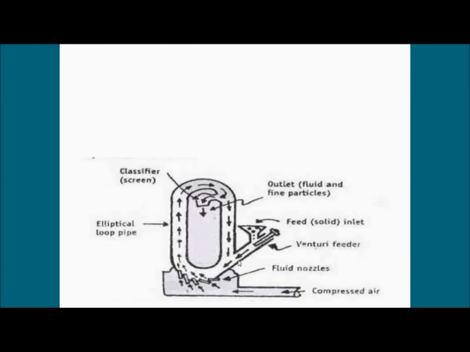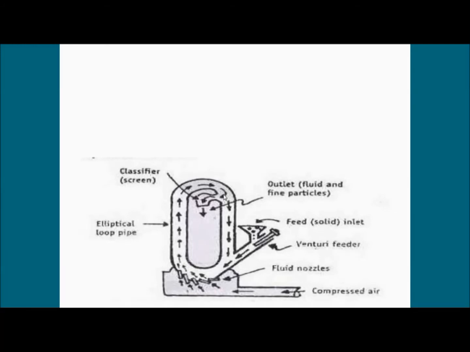The feed will come here by virtue of gravity and reach this position. From here, air at a high pressure will be introduced in this chamber. This air, via this opening, will force the substance to move in this direction. Once the substance is moving, during their movement the particles will collide with one another, right?